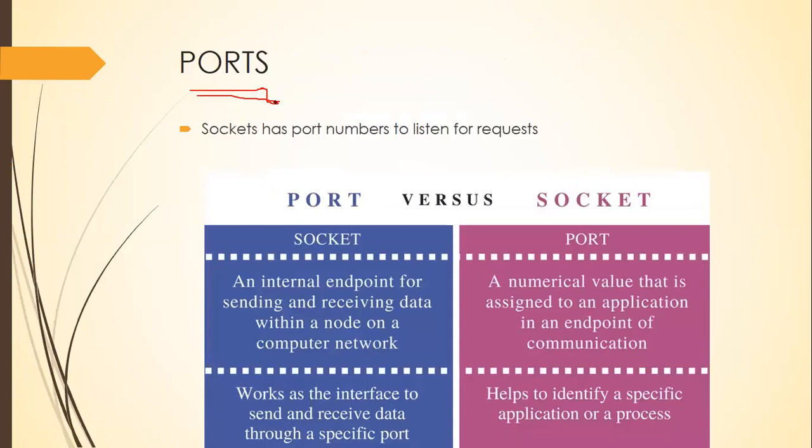Now every socket, let's say I have got Alice over here and I've got Bob over here. Alice will have a socket. Bob will also have a socket. Now, each socket will have port numbers. Let's say I've got a few port numbers on both the client socket and the server socket.